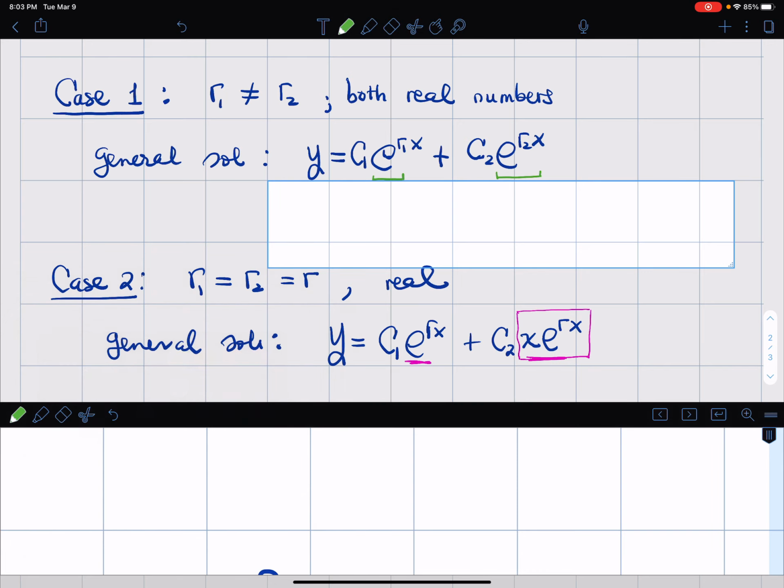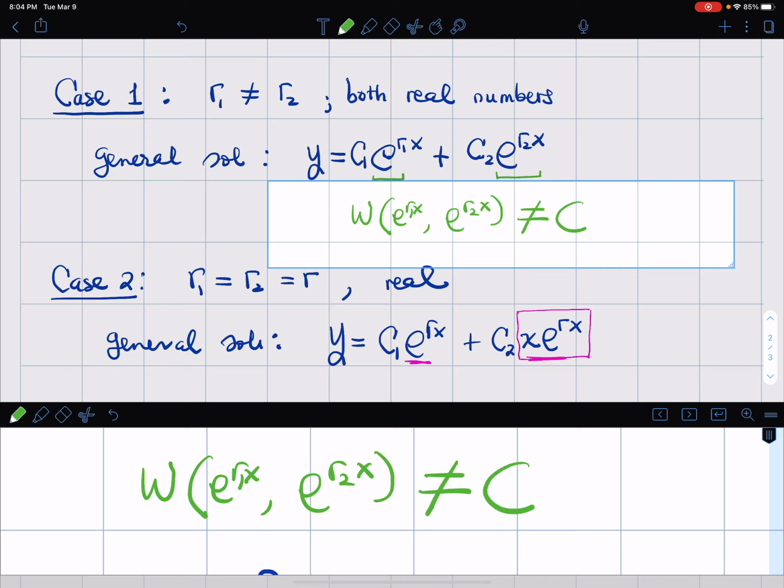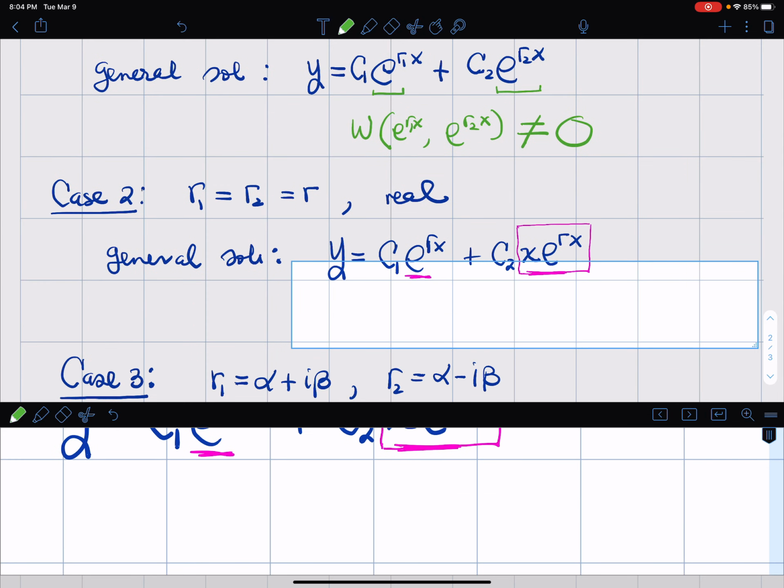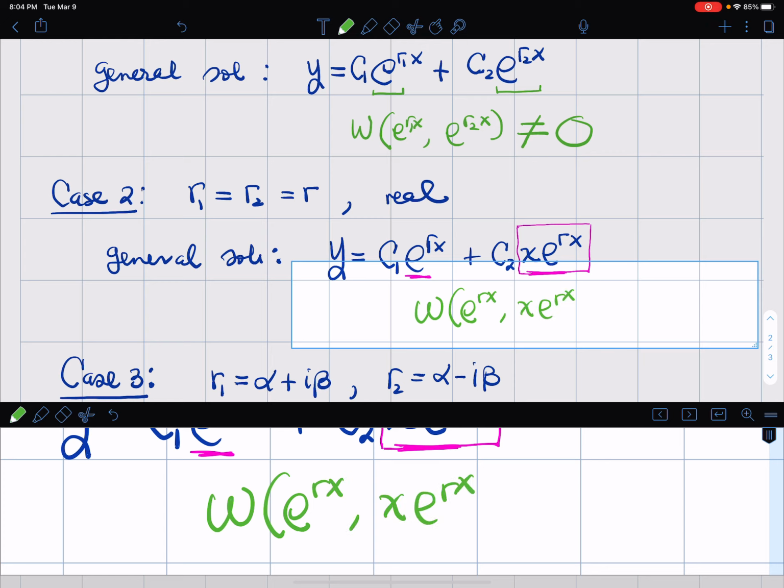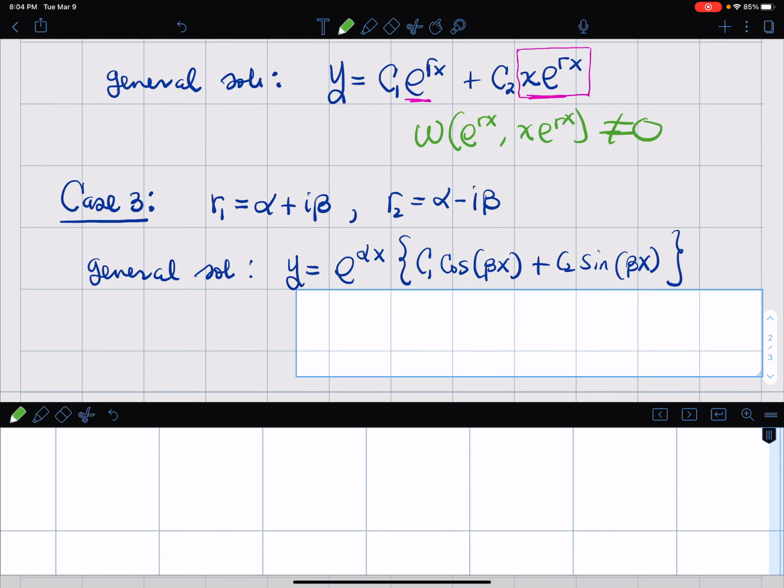It turns out that the Wronskian of e to the r1 x and e to the r2 x is never going to be equal to 0. In this case, the Wronskian of e to the rx and x e to the rx is never going to be equal to 0, showing that they are linearly independent.